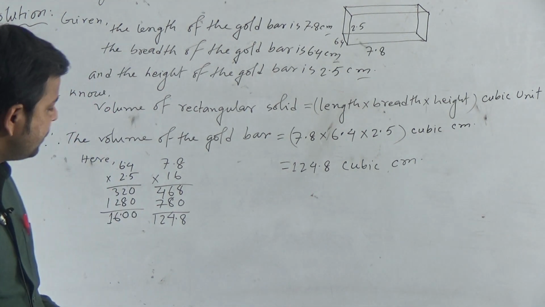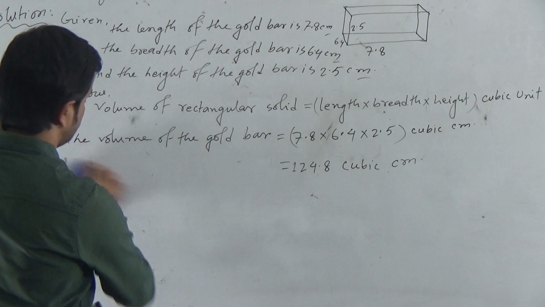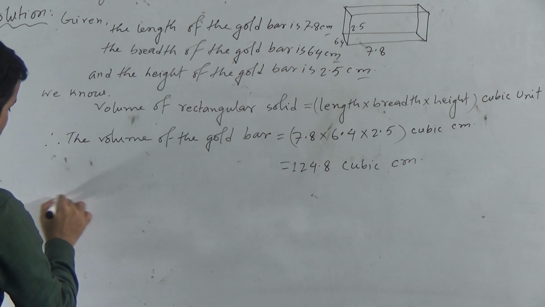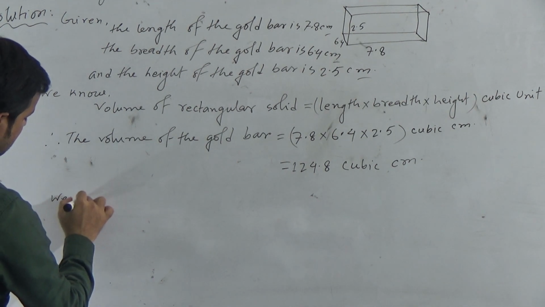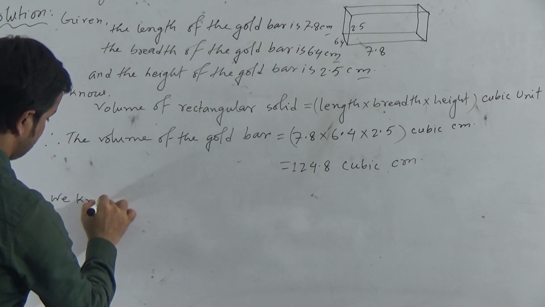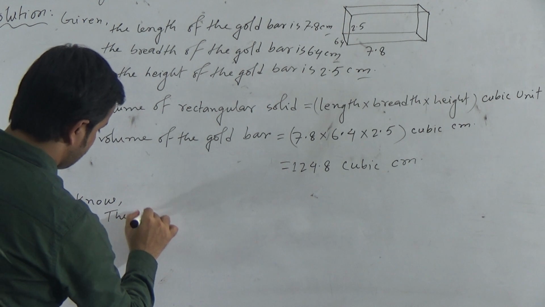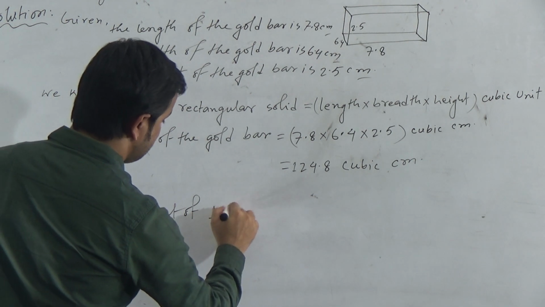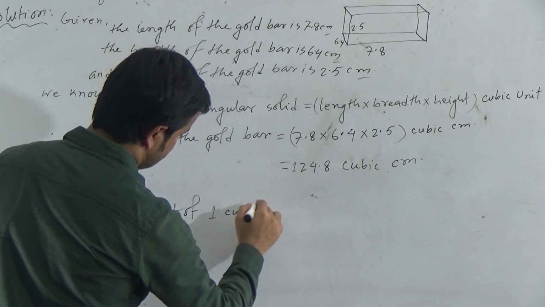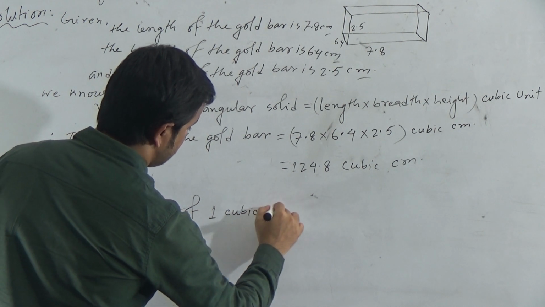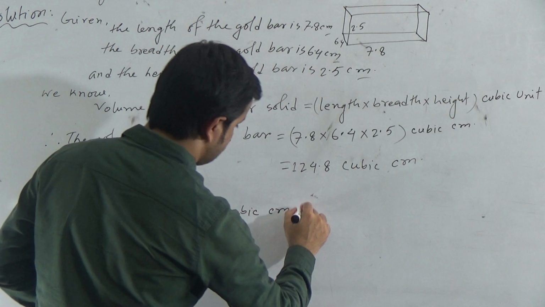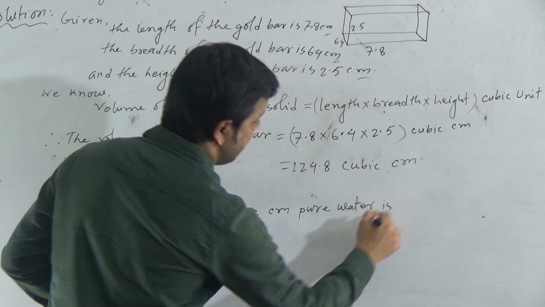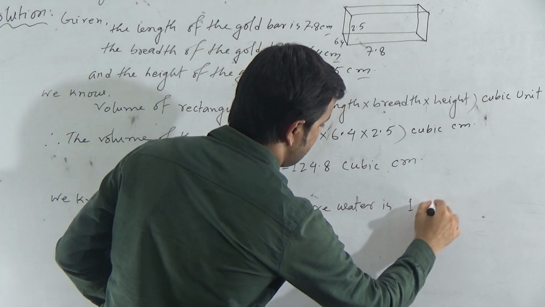So we can write, we know the weight of one cubic centimeter pure water is 1 gram.